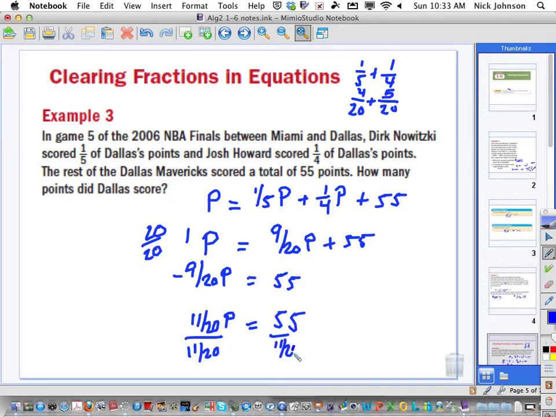So P equals, invert multiply, so this becomes 55 times 20 over 11. Well, 11 goes into 55, 5 times 20 is 100. So, how many points did the whole team score? They scored 100 points that night.